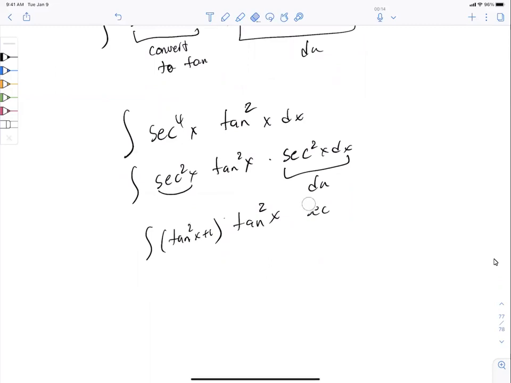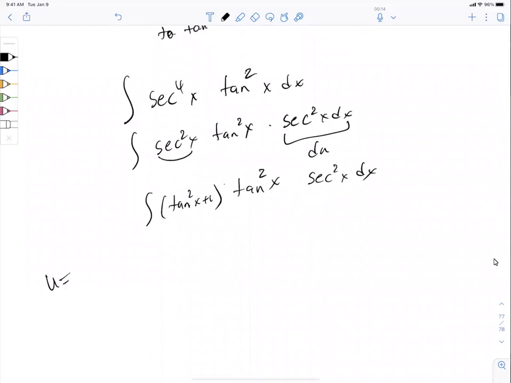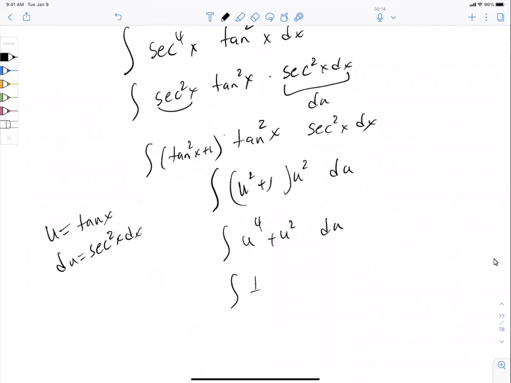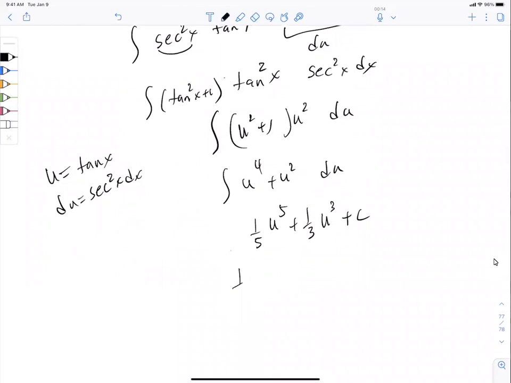And then obviously the secant squared x dx still is going to be there, but it's going to become my du because I'm going to let u be tangent. And then do the power, do the antiderivative, and then convert u's to tangent that it was.